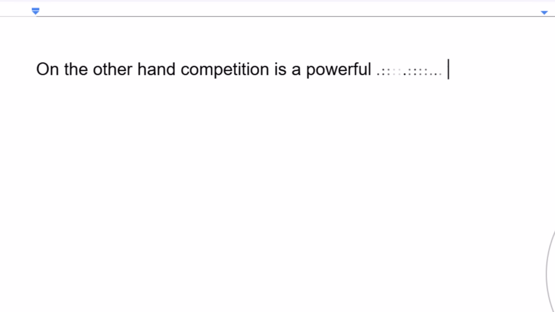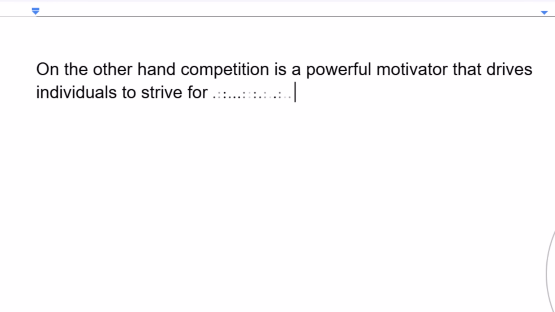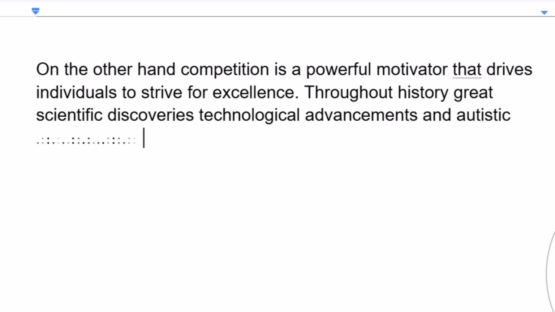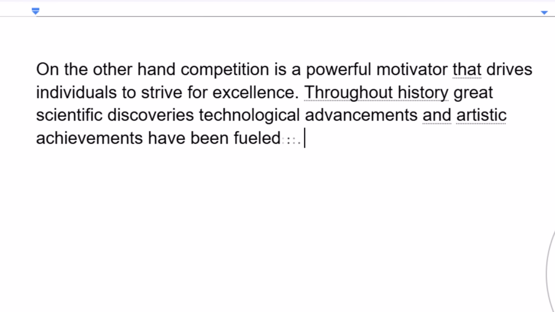On the other hand, competition is a powerful motivator that drives individuals to strive for excellence. Now let's add another sentence to explain it a bit further. Throughout history, great scientific discoveries, technological advancements, and artistic achievements have been fueled by rivalry.